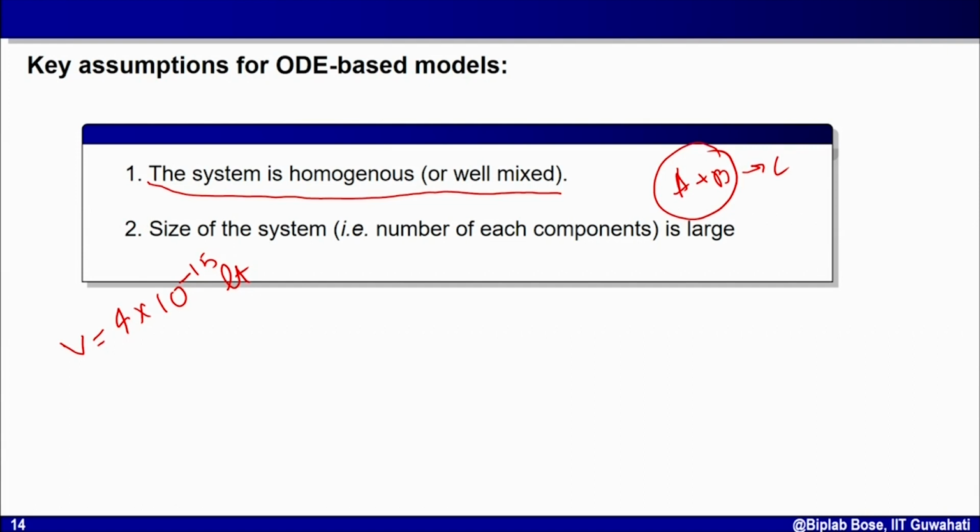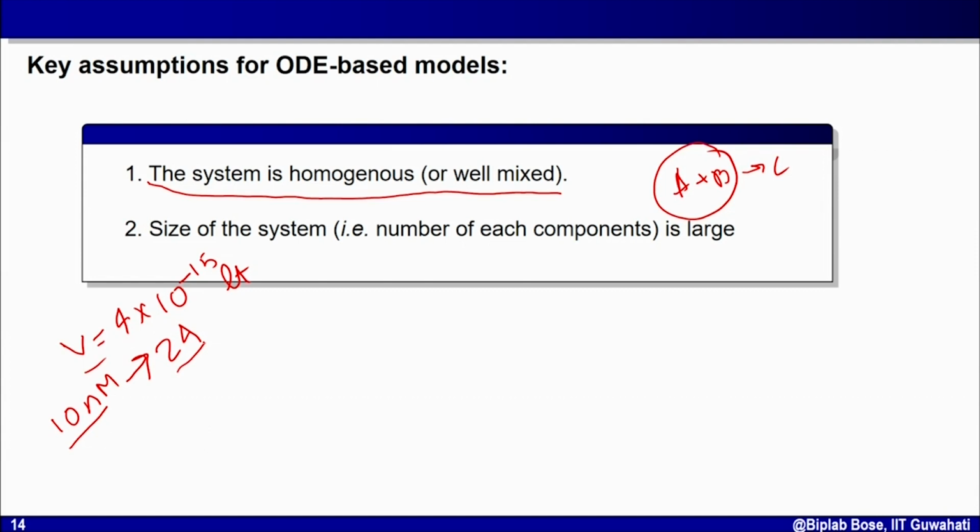And suppose I have a molecule A at a concentration of 10 nanomolar. If you use Avogadro number and the volume of 4 into 10 to the minus 15 liter, 10 nanomolar means essentially 24 molecules.